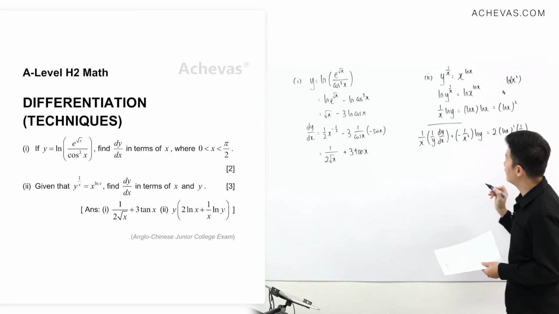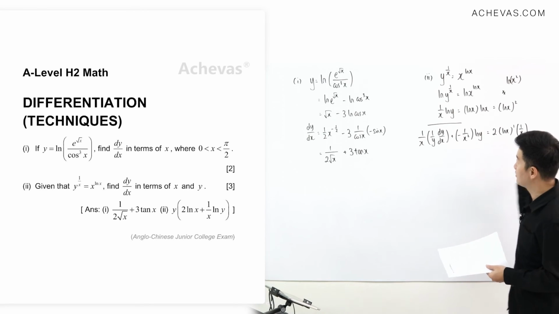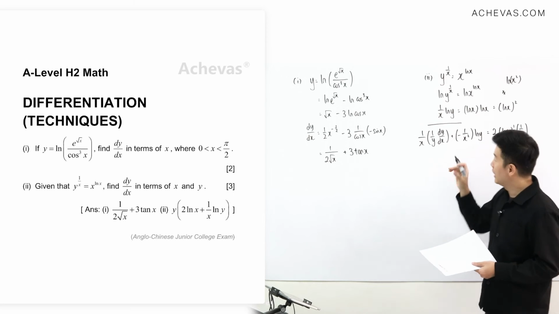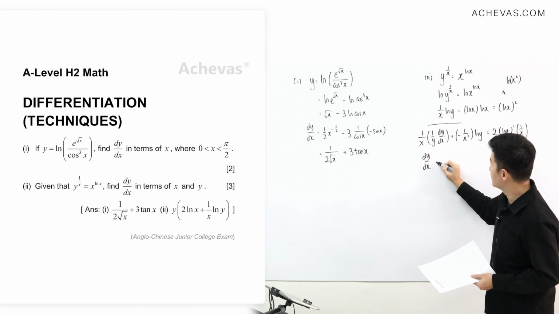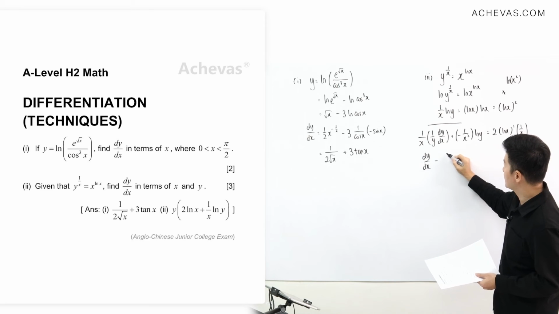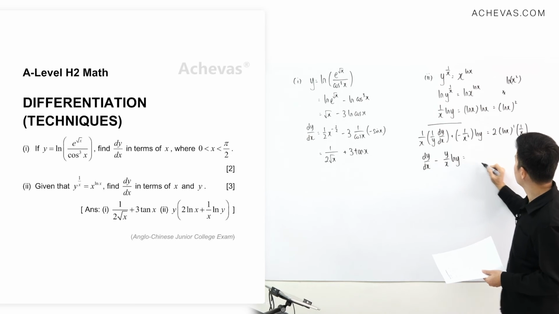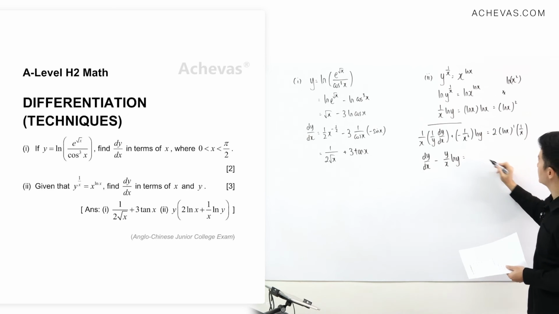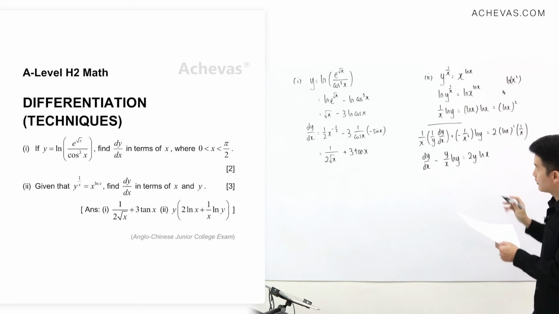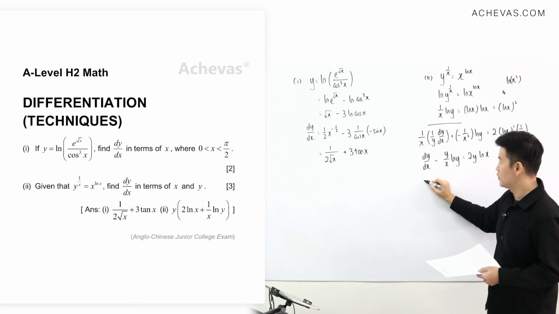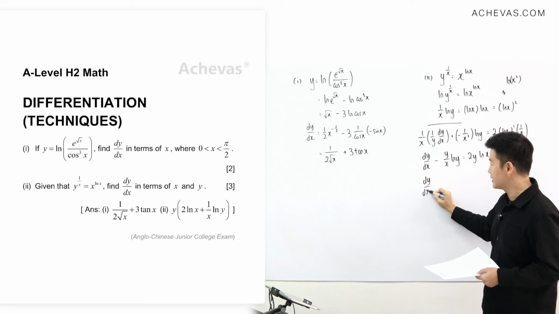So for what I have here, let's try to multiply this throughout by xy, which will be giving us a dy dx here, and this is going to be equal to y over x, then ln y, multiplying xy throughout. This is going to be 2y ln x. And I'm going to bring this over to the right hand side, which will make dy dx now the subject.